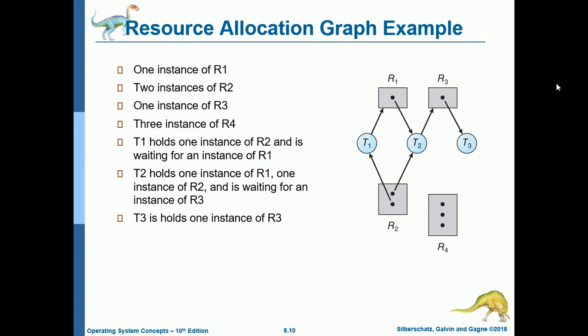If T sub 3 had an arrow going to R sub 2, then there would be a possibility of deadlock, because T sub 3 would be waiting for the resource that is held by T sub 1. So for this particular example, there is no deadlock because the circular wait here is false, because it means that all processes, or rather threads.